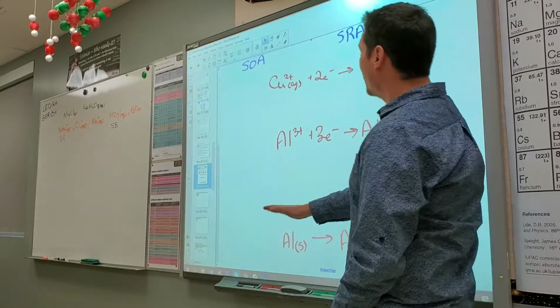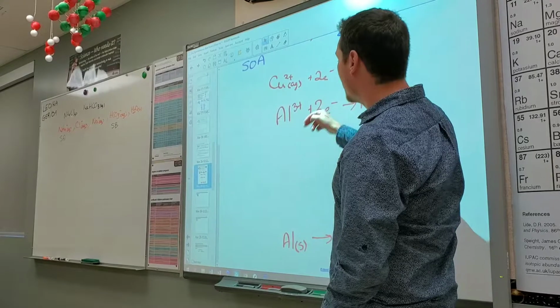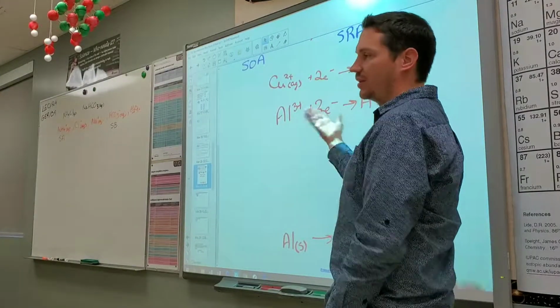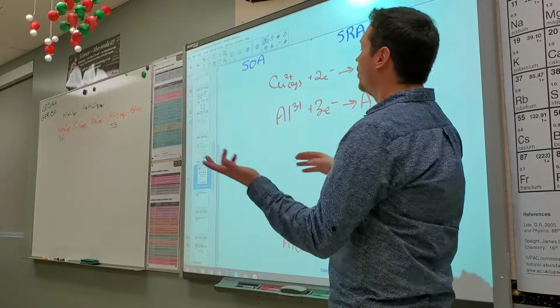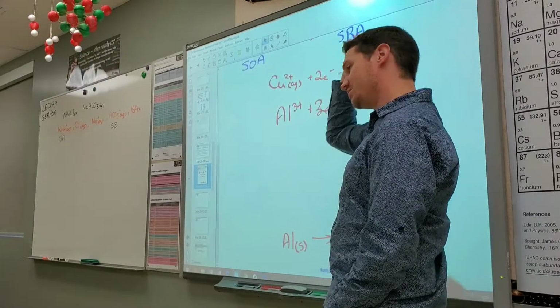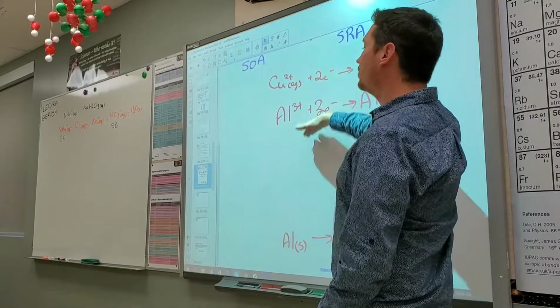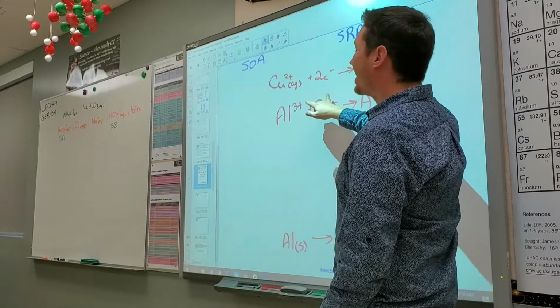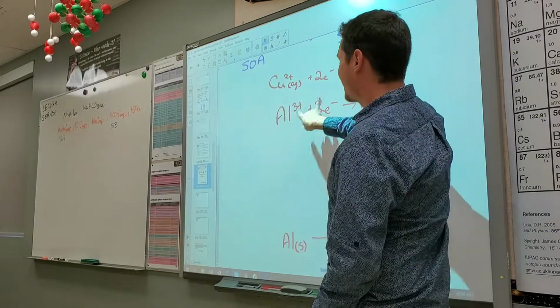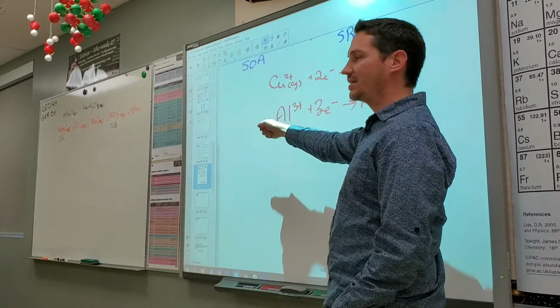What I want to know is if we add these reactions together, right? What's the lowest common multiple between 2 and 3 electrons? 6. So we're going to have to multiply the top reaction by 3 and multiply the bottom reaction by 2. But when I do this, I'm going to get 6 electrons on the left-hand side plus 6 electrons on the left-hand side.